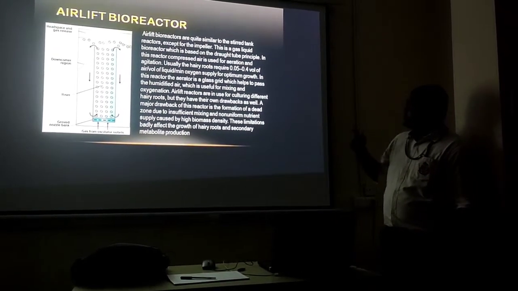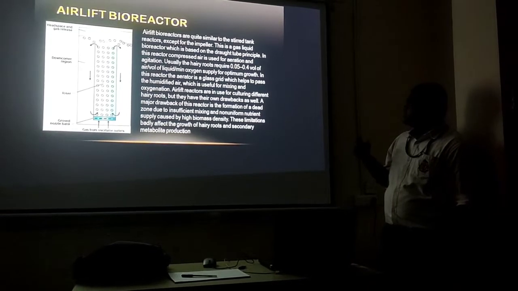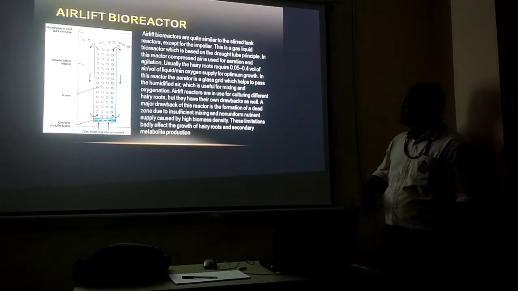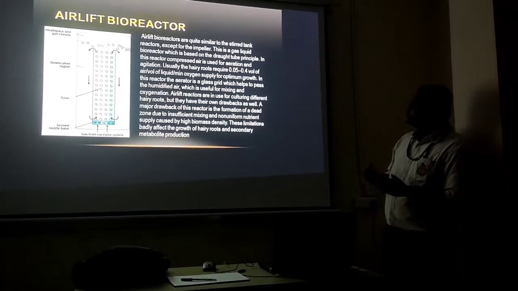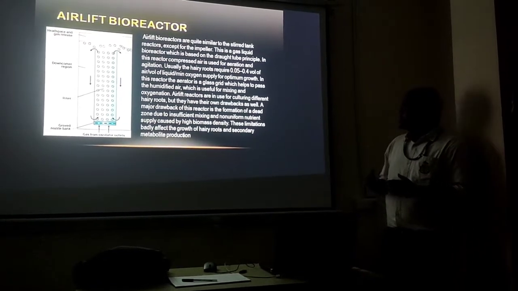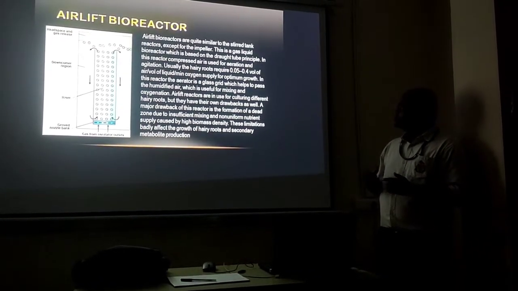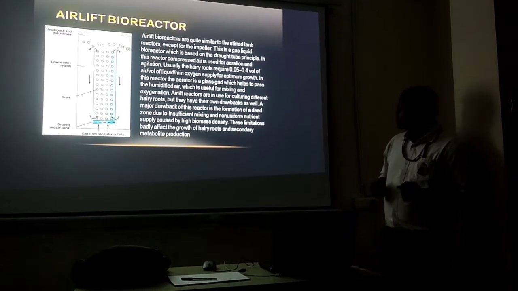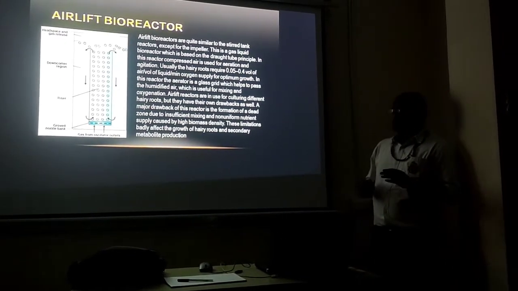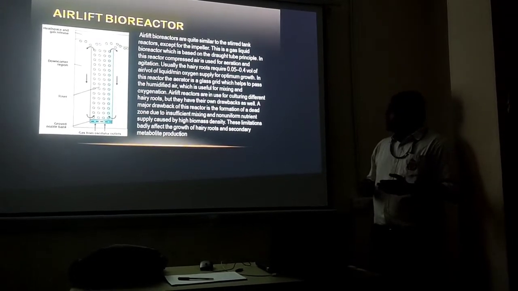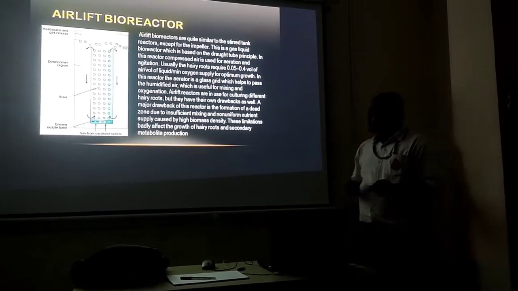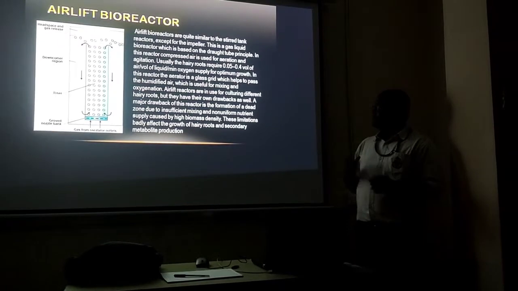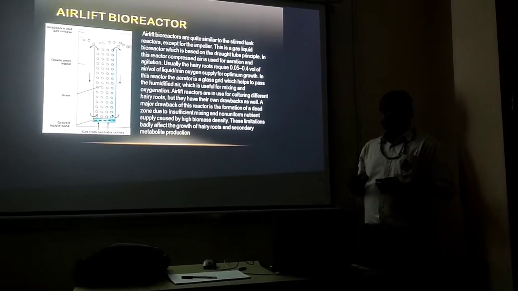In this reactor, the aerator is a glass grid which helps to pass the humidified air, which is useful for mixing and oxygenation. Airlift reactors are in use for culturing hairy roots, but they have their own drawbacks as well. A major drawback is the formation of dead zones due to insufficient mixing.